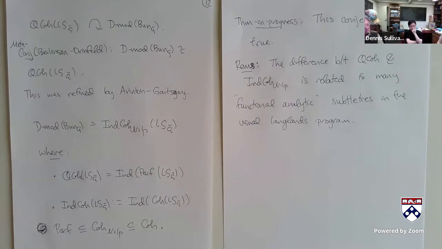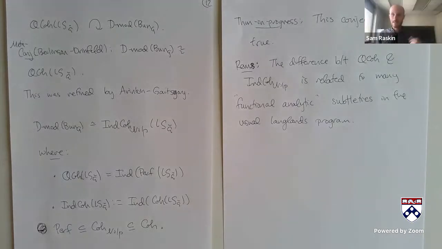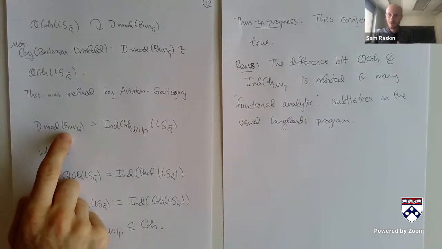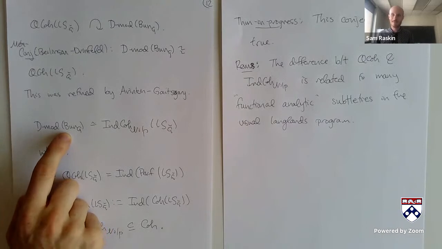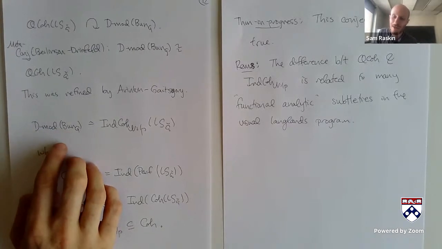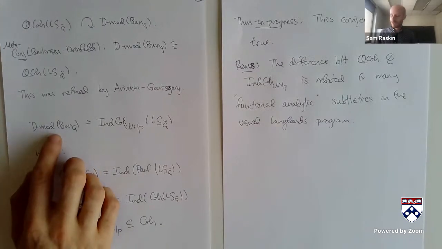So if I evaluate both of these on the same 2-manifold, one of them should produce something like D modules on Bun G for that surface, which is really a complex thing. So maybe it's more of a holomorphic theory, and you should remember the complex structure.